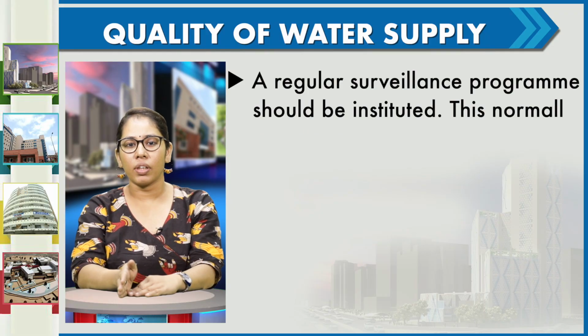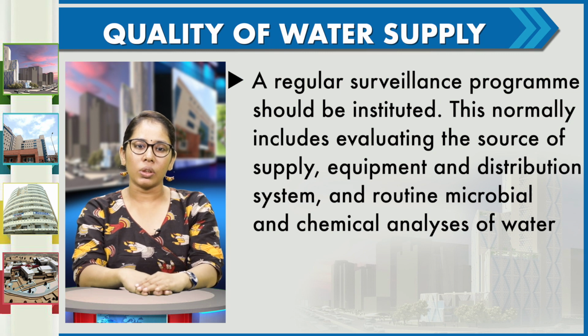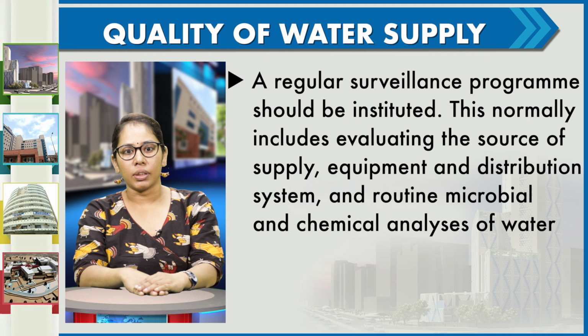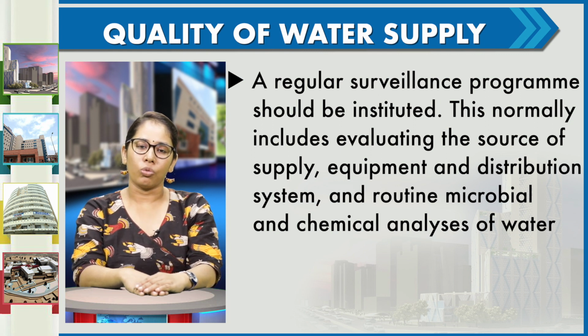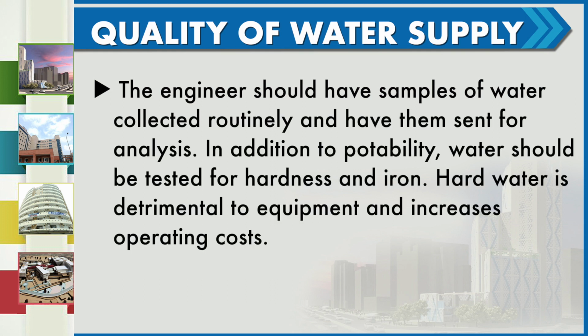So, to check the quality of any water supply, it is a good practice that a regular surveillance program should be instituted. This normally includes evaluating the source of supply, equipment and distribution system, and routine microbial and chemical analysis of water. For that, an engineer should have samples of water collected routinely and have them sent for analysis.